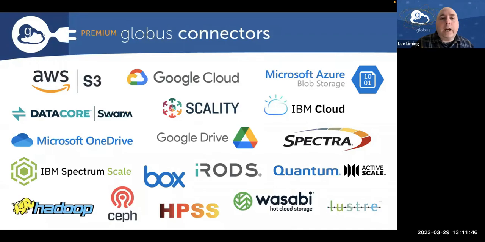And this will allow you to provide the single Globus interface to a variety of different storage systems without making things complicated for your researchers. So if you see the storage that you're using on the screen, that means that it works with Globus and that you can provide your researchers with access to that storage using Globus.